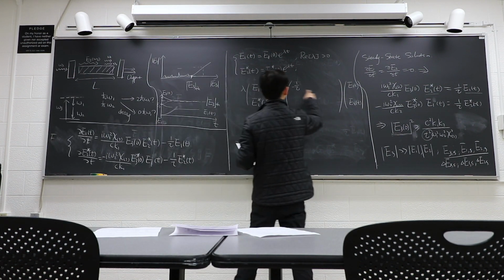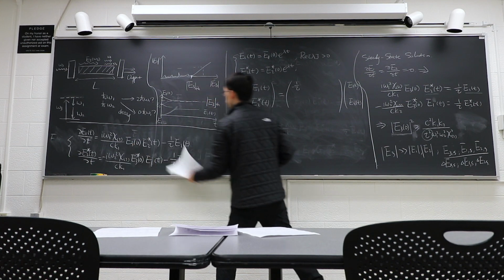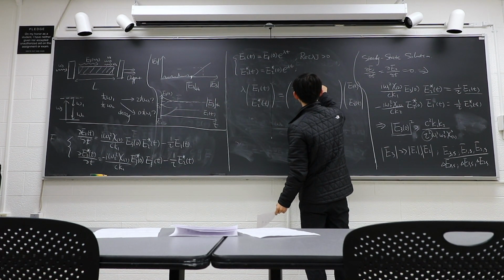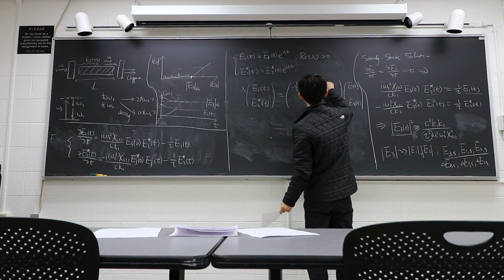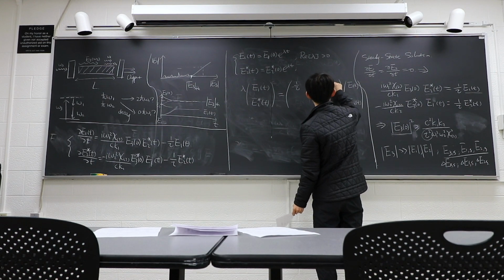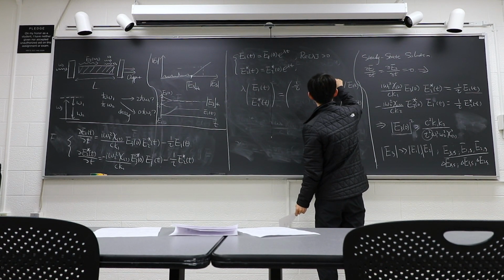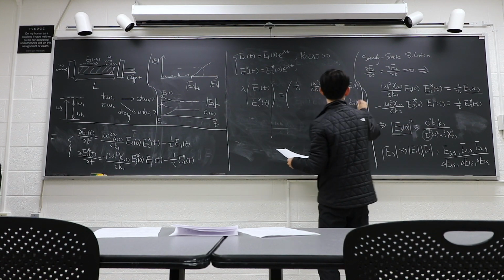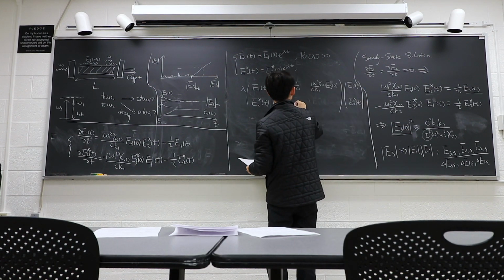Okay, and you put in this coefficient here, i omega 1 squared c k1 chi 2 e3. Oh, no. i omega 2.